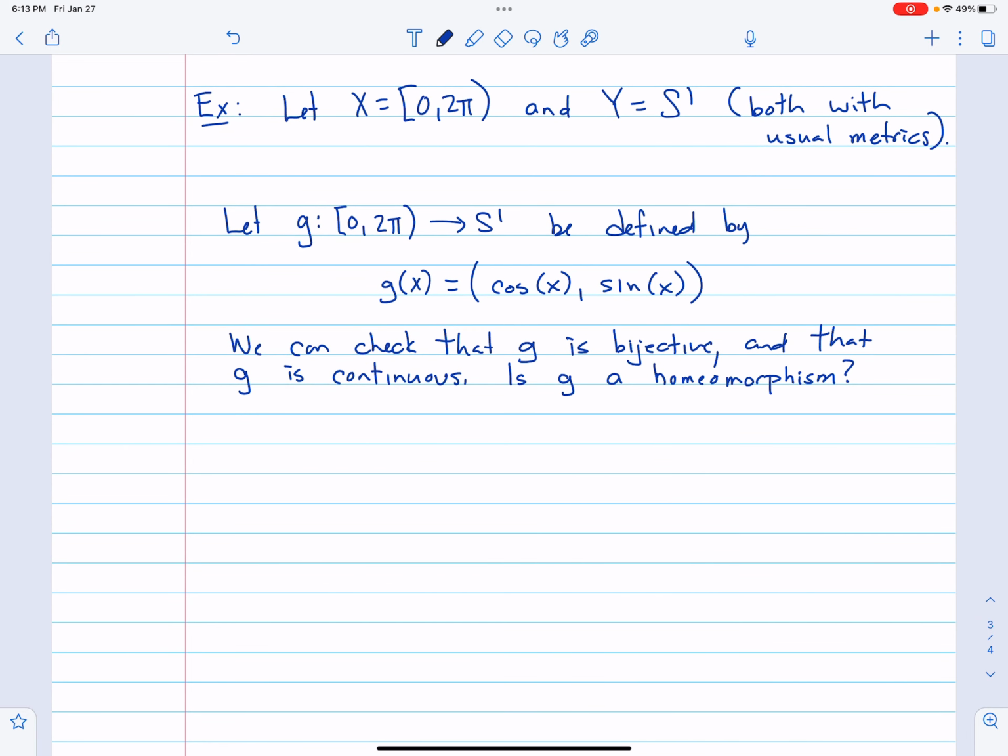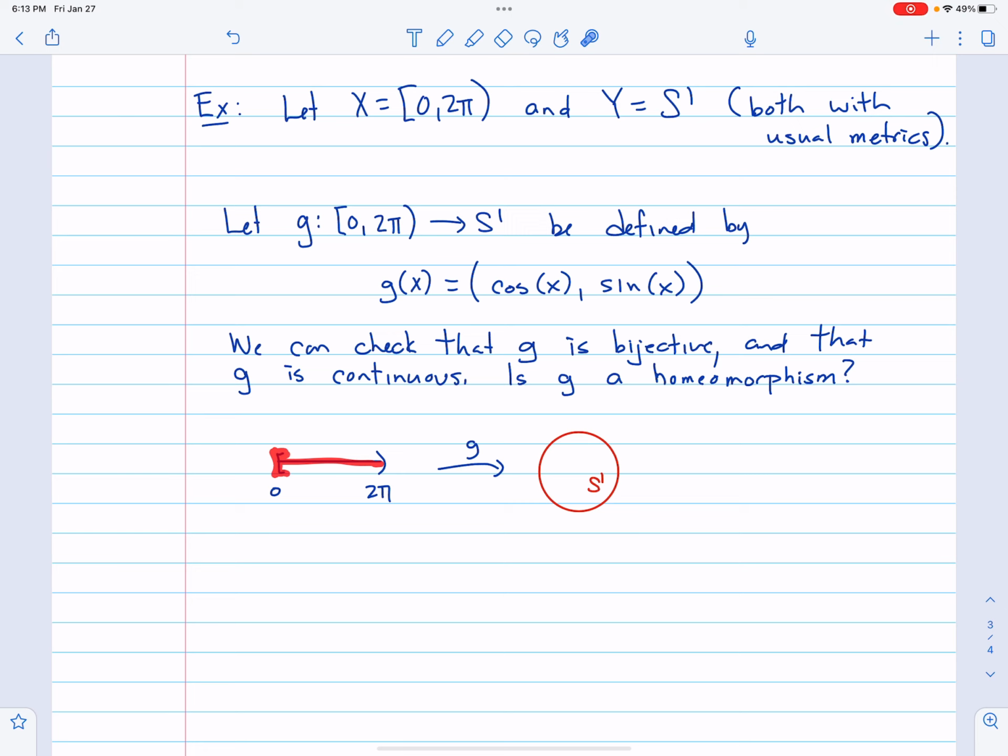What this function is doing essentially is taking the interval from 0 to 2 pi, and over here we have our unit circle, maybe I'll draw it in red, our unit circle S1. What g is doing is taking this interval, starting at 0.